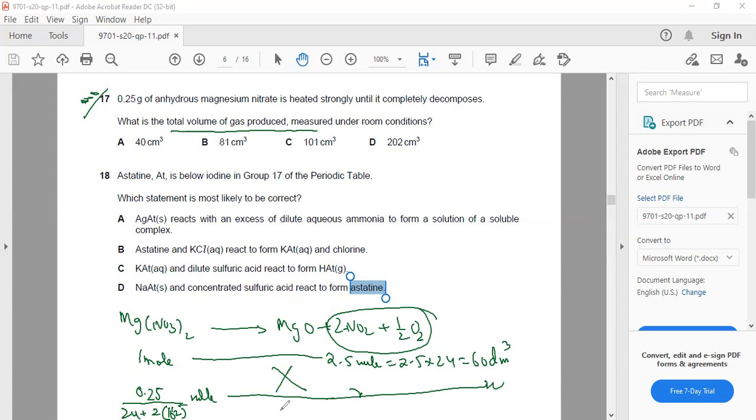What is the answer? The volume will be in dm cube, multiplied by 1000 because the volume is in cm cube. You can also do it directly in cm cube. 60,000 cm cube. So the answer will be 101.